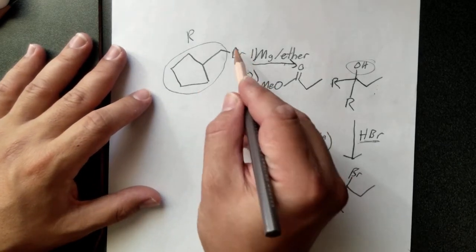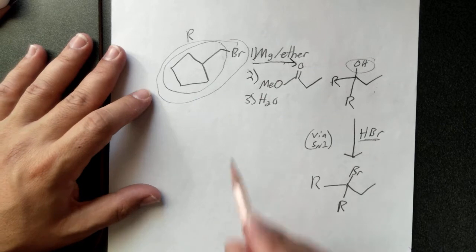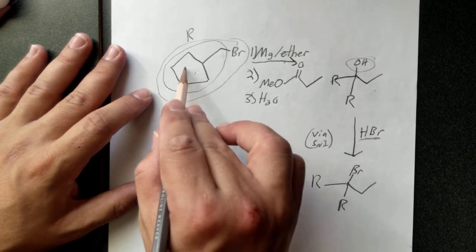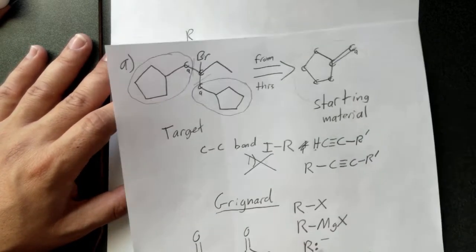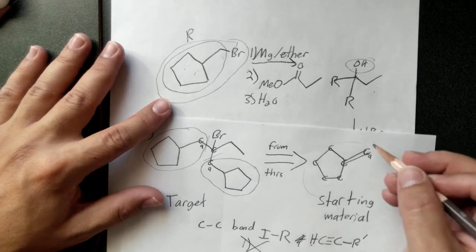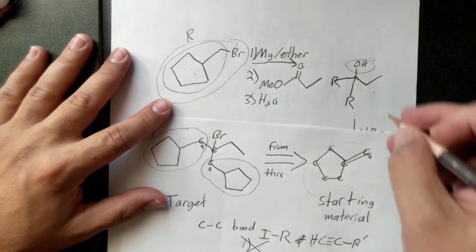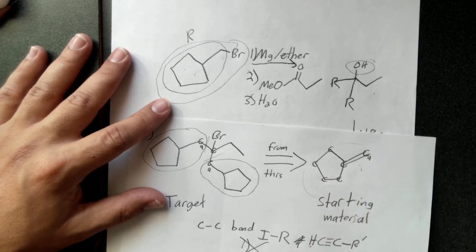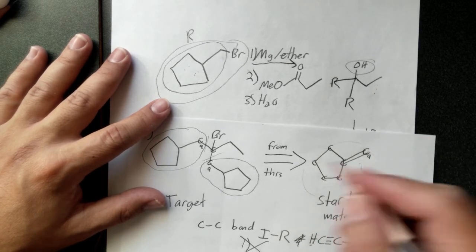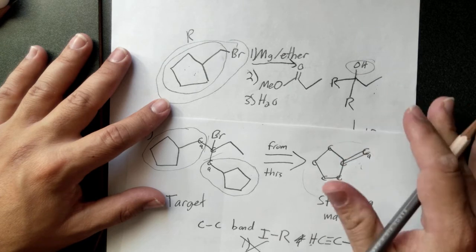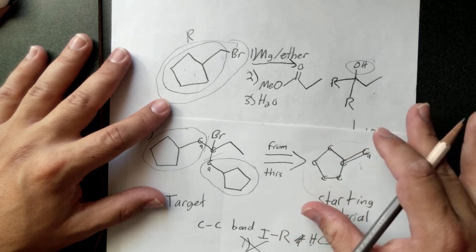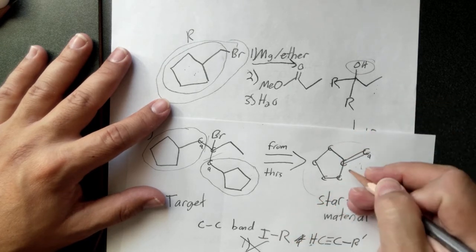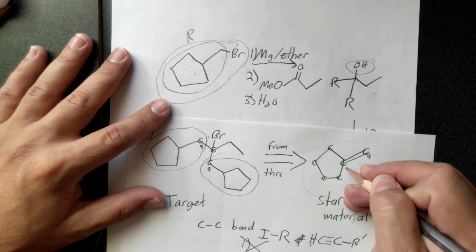So the real question then is, how do we transform this, or how do we get to this? How do we make our starting material become an alkyl bromide, because that's what we need to do this major transformation to the larger tertiary alcohol? How do we make this become an alkyl halide? If we add HBr to this just straight, we learned in Chapter 8 last semester in OChem 1 that it prefers the Markovnikov addition.